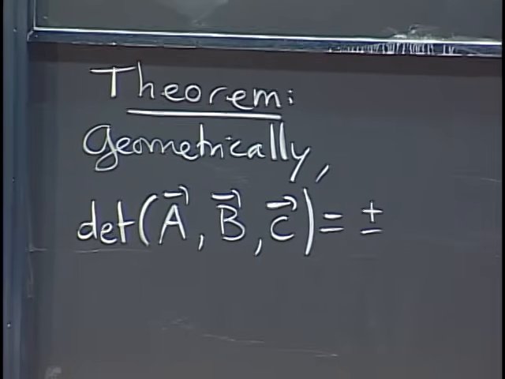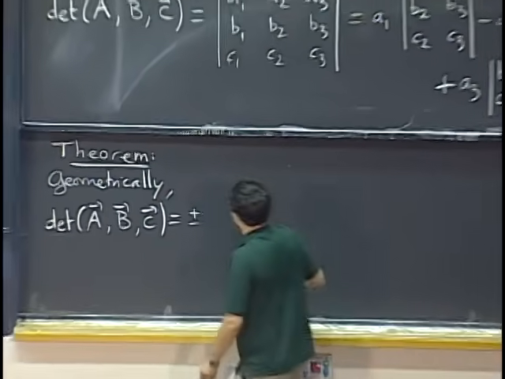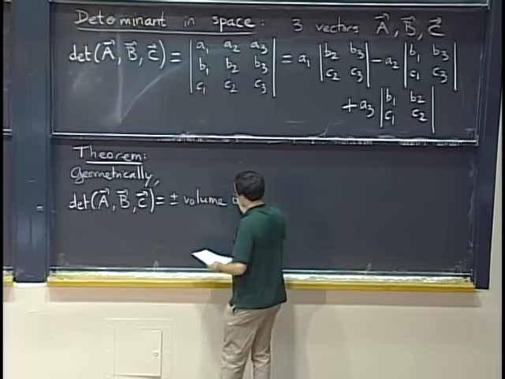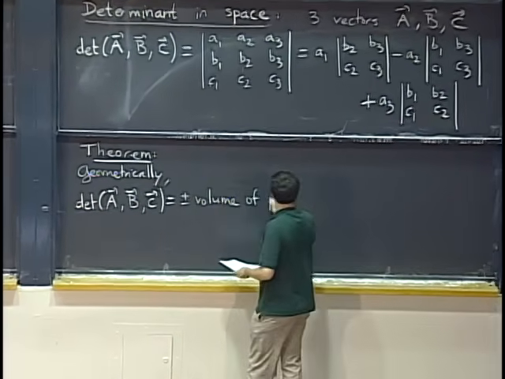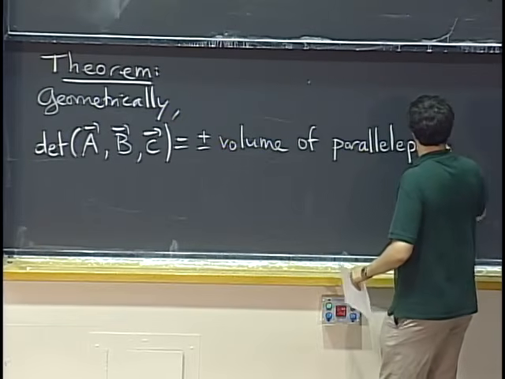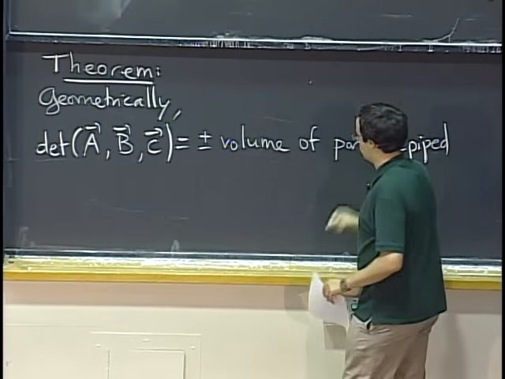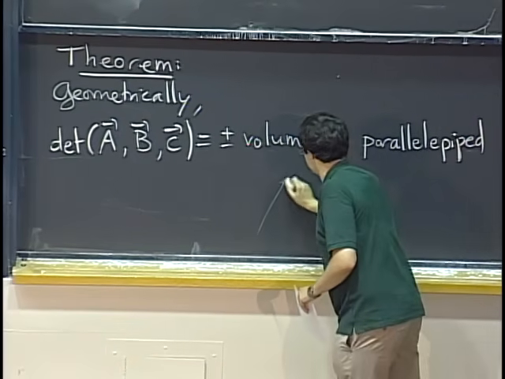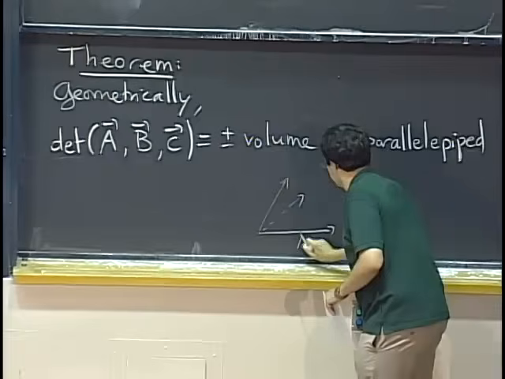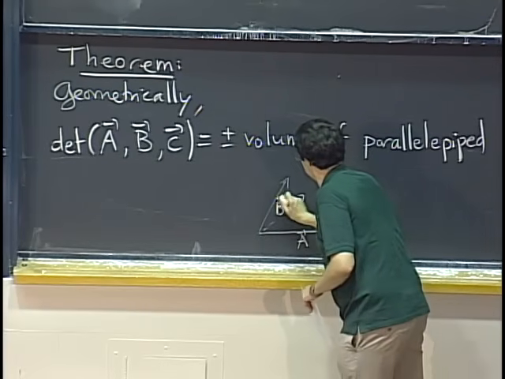See, there's minuses and there's all sorts of stuff. Plus or minus the volume of the parallelepiped. That's just a fancy name for a box with parallelogram sides, in case you wonder. With sides A, B, and C.